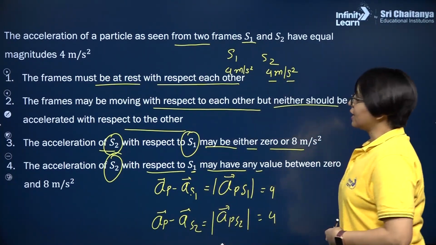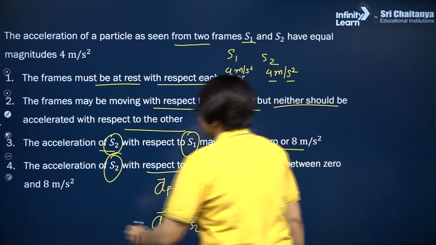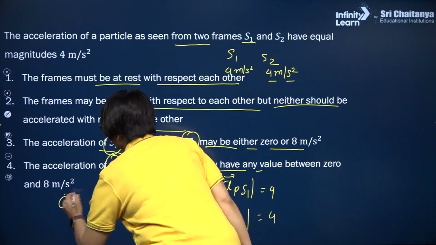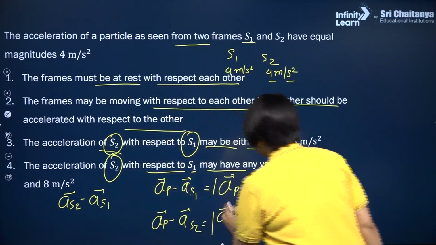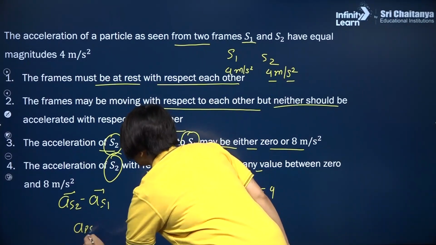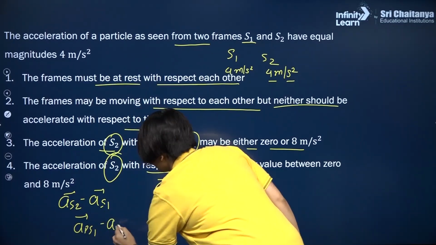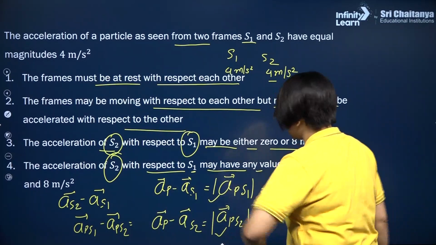Now if you want to find the acceleration of S2 with respect to S1, it will be AS2 minus AS1. So you will get this by subtracting this value from this value. So this is AP S1 minus AP S2, right?